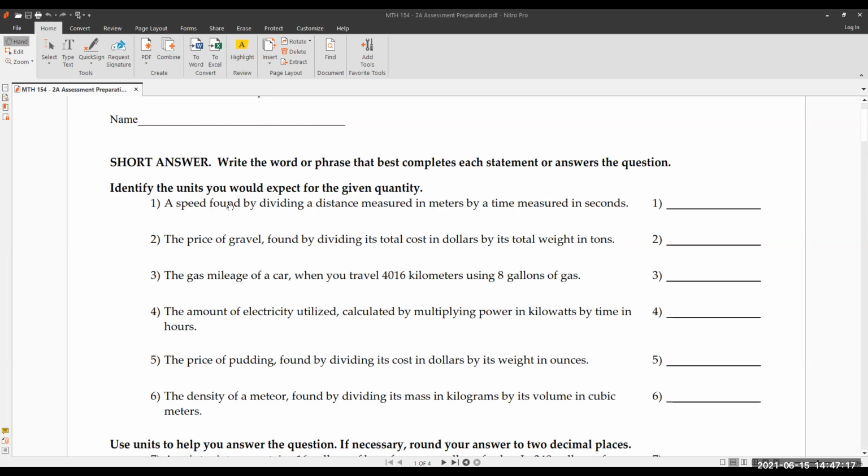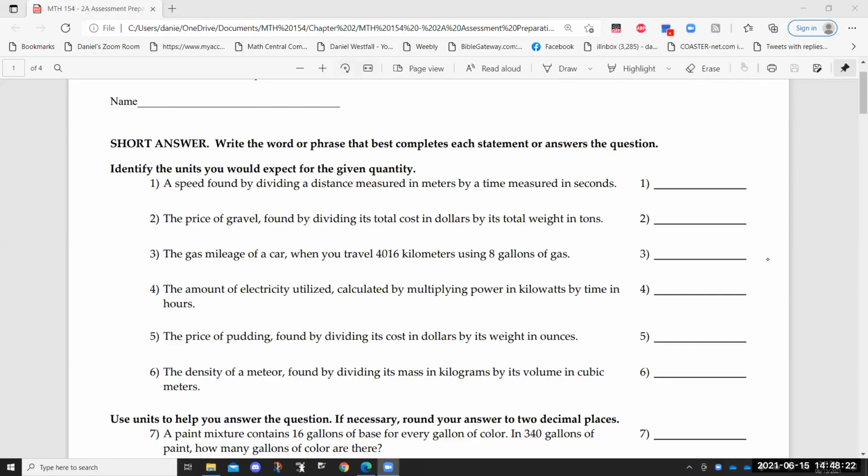So we would expect the speed that's found by dividing distance measured in meters by time measured in seconds to be a quantity of meters per second.